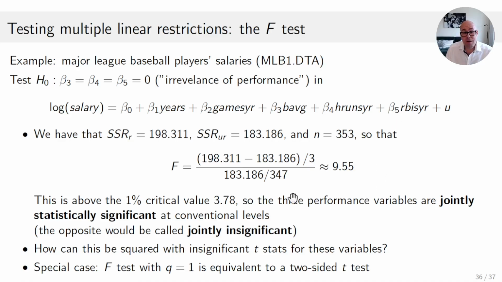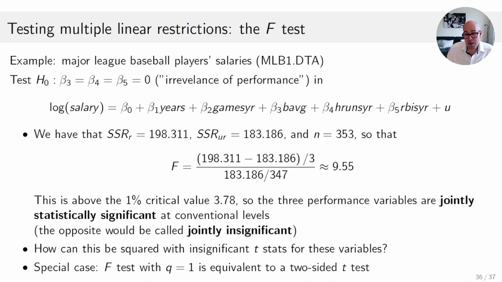So I have this difference in the sums of squared residuals, which is always going to be a positive number, divided by 3 restrictions, the 3 variables that I'm restricting to be 0. In the denominator, I have the sum of squared residuals for the unrestricted model divided by 353 minus 6, which is 347.